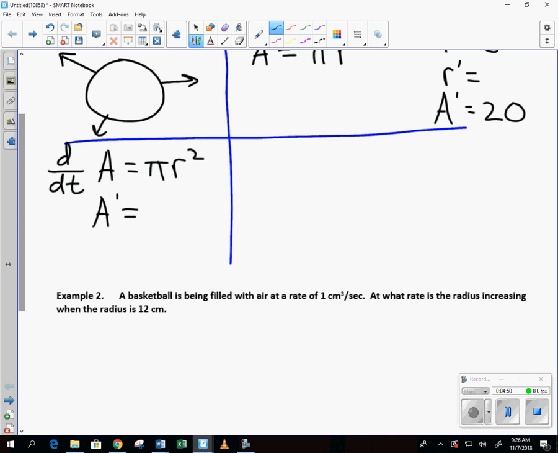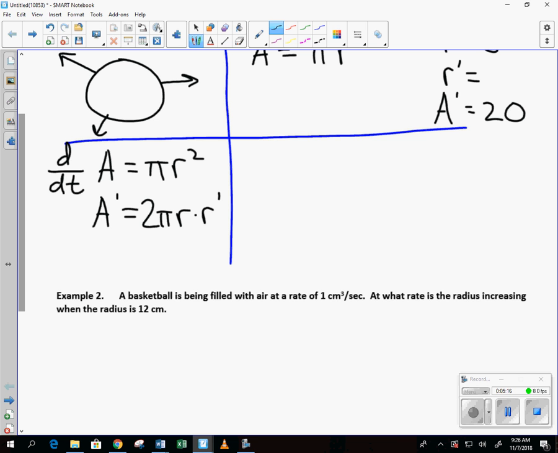And the derivative of pi r squared, what do I do with the 2? Dump it in front, so I get 2 pi r. But I have to attach a r prime. Yes, derivative both sides. You good?